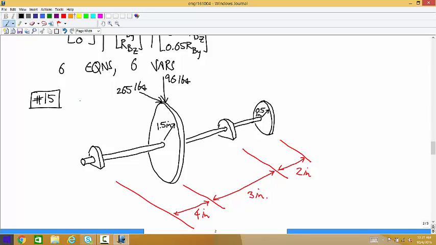And this isn't super clear from my drawing, but if you go straight horizontally from the center of this gear, there's a force of 192 pounds.